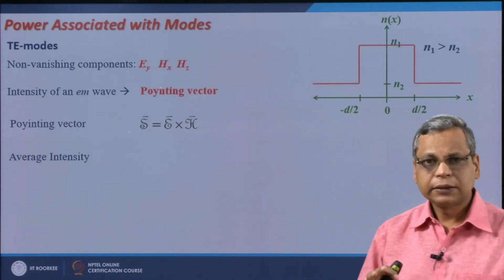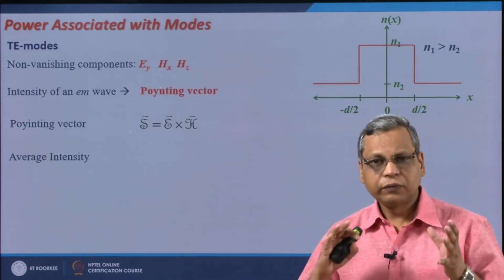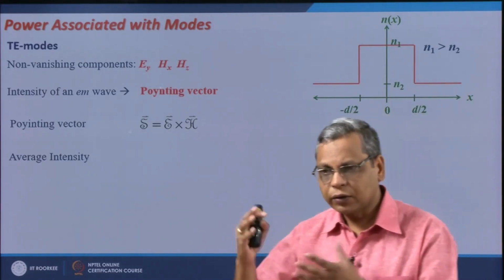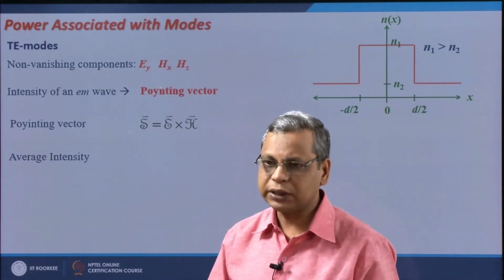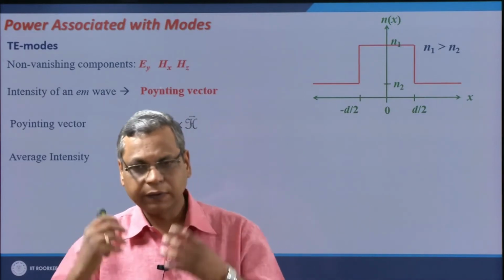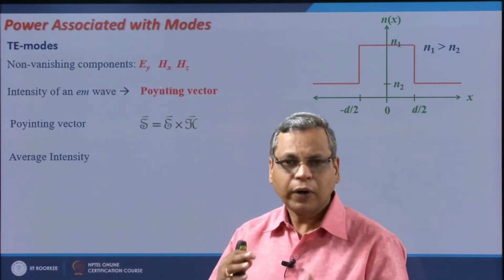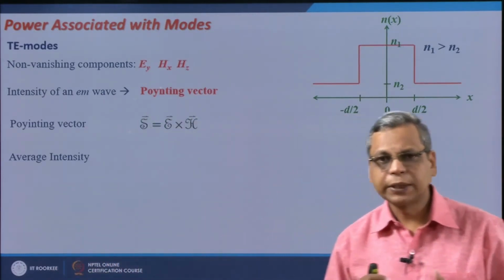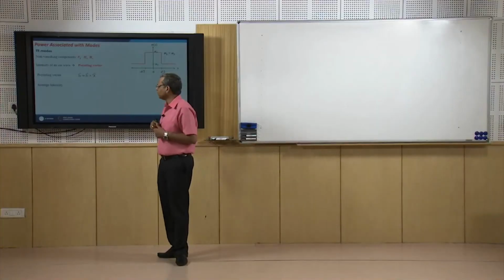Any detector, even a very fast detector, cannot record such rapid fluctuations, and neither can our eye. So, what we record is basically the time averaged value.